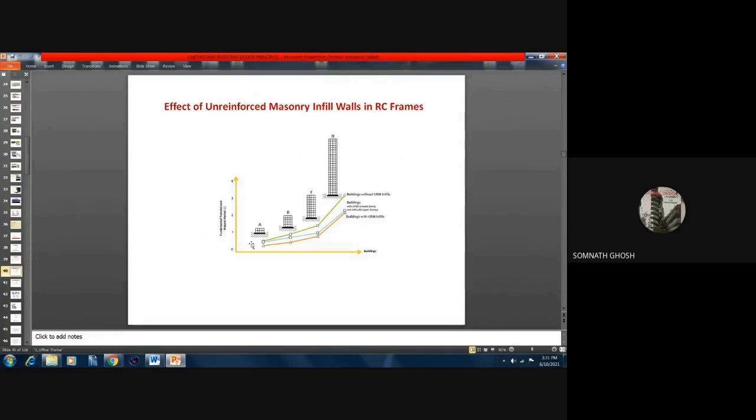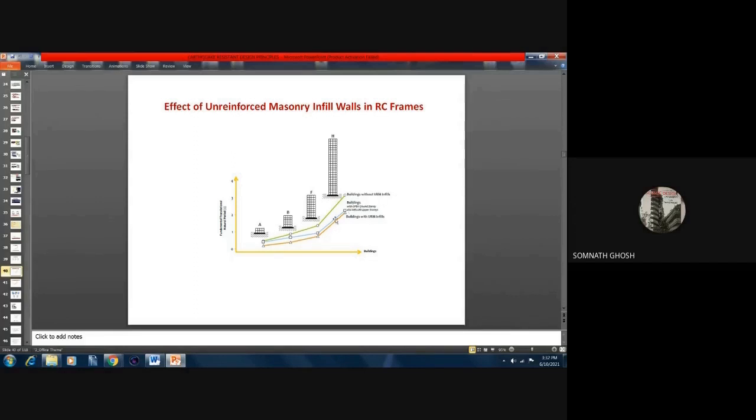You see, these are the buildings, the unreinforced masonry infill buildings. This curve is for buildings with unreinforced masonry infills, and this is for buildings without unreinforced infills.